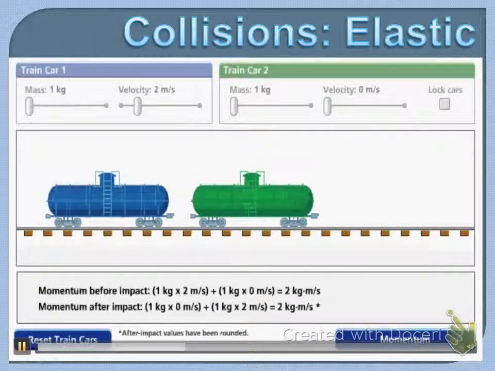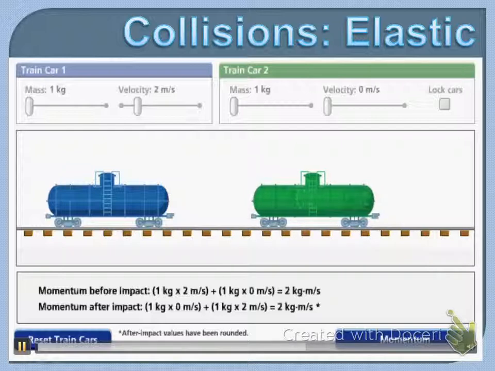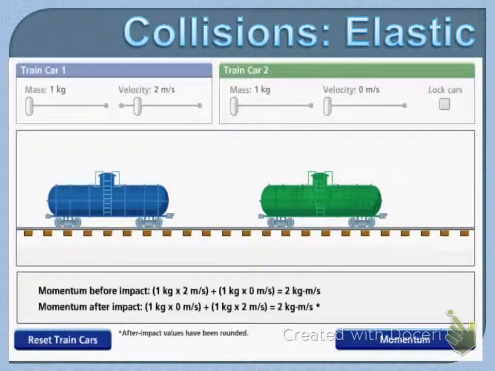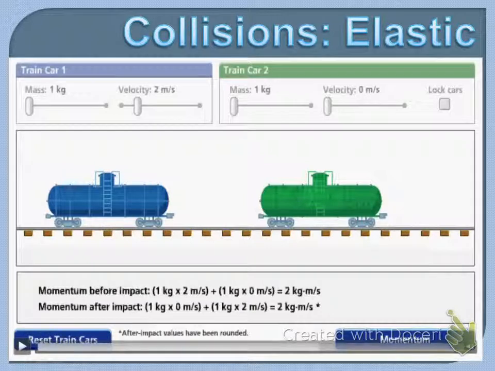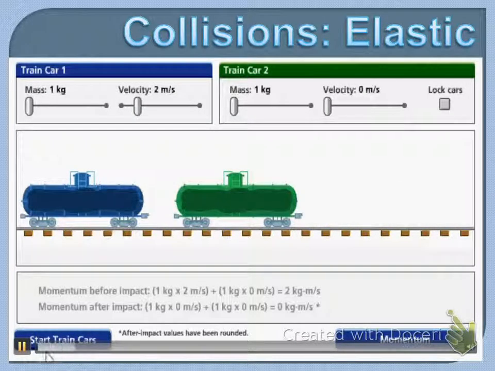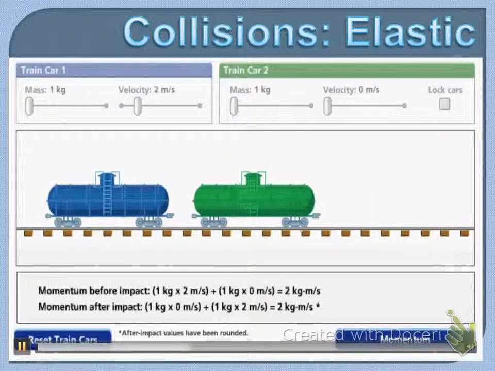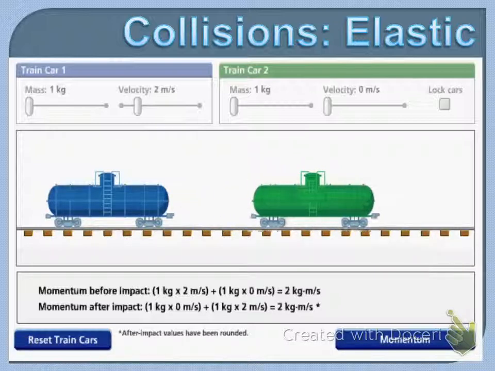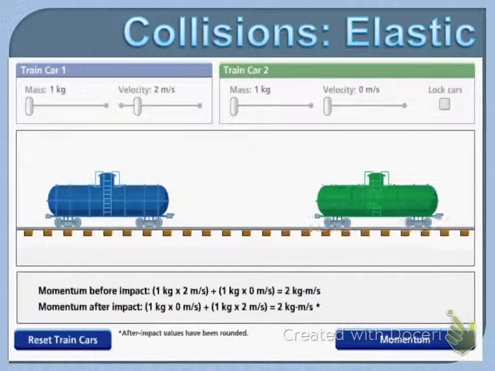Okay, so here our cars collide. Let's pause it for a second. Now we see that the momentum before the impact equals the momentum after the impact, as it should. But you'll notice that the momentum shifted from the blue to the green train car. The blue becomes stationary and the green moves off with all of the momentum.